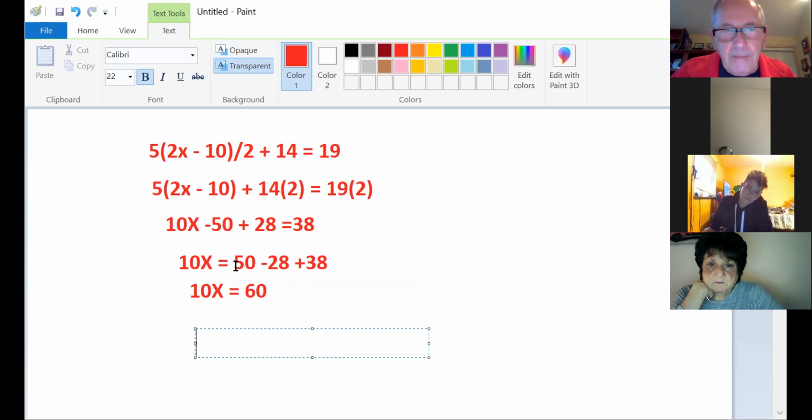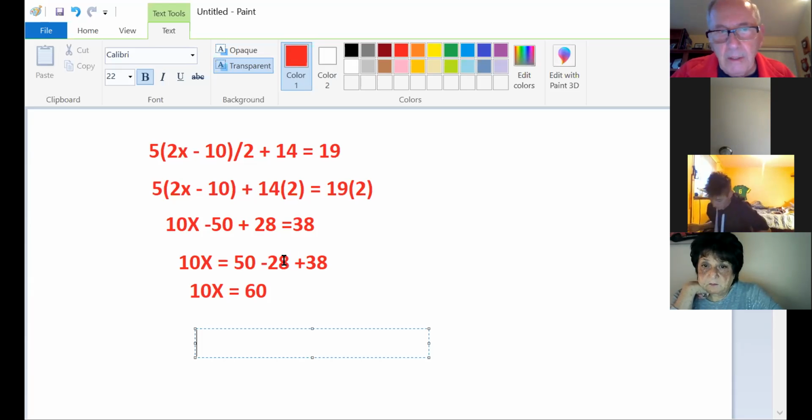That's what I've done to get to 50 on the right-hand side. And the 28, I added negative 28 to both sides so I could cancel this out. So I get negative 28 on the right-hand side. And then the 38 is already on the right-hand side, right? I'm just simplifying it. It's cumbersome to do this with this thing here.